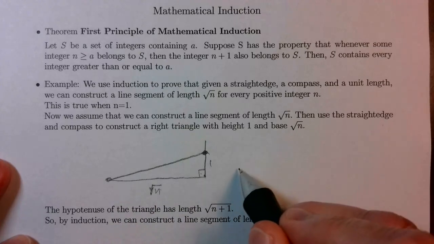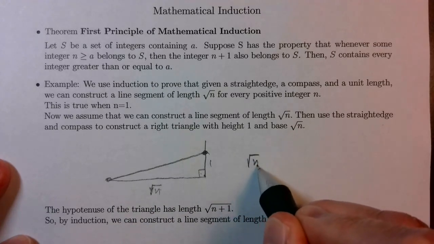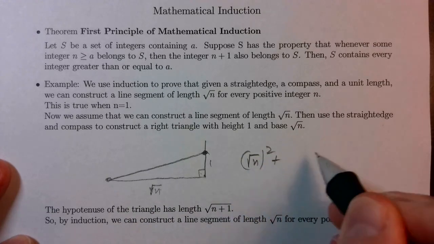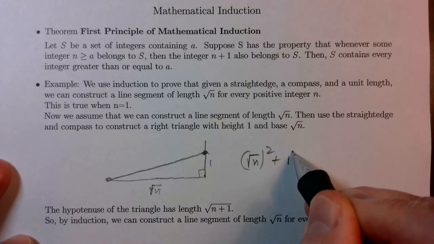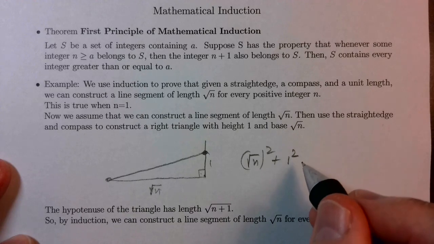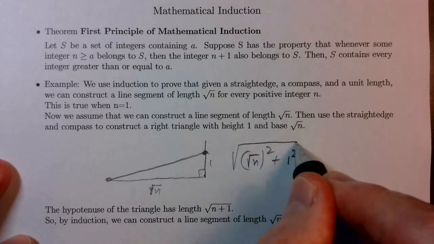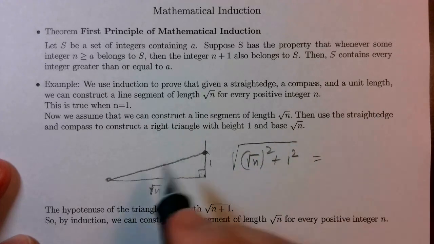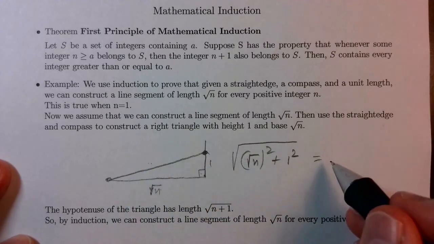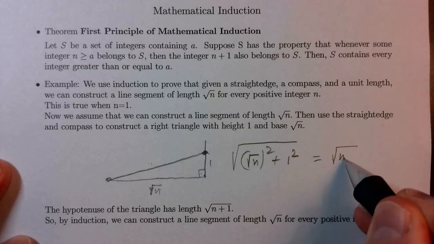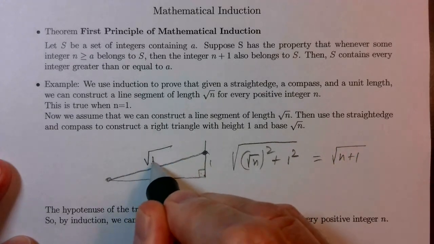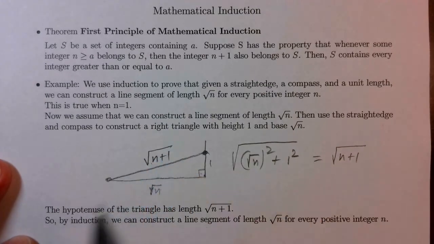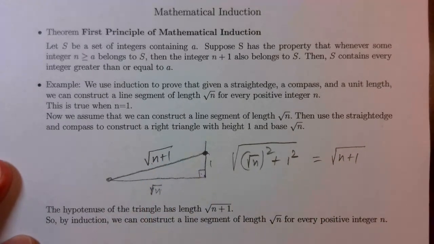Apply the Pythagorean theorem. Root of n squared plus 1 squared, square root of this is equal to the length of the hypotenuse, and it is just root of n plus 1. So this hypotenuse has length root of n plus 1.